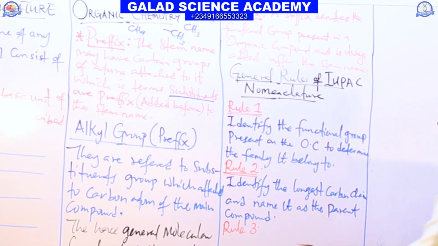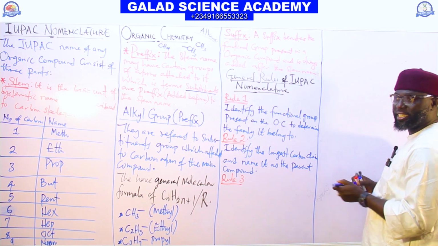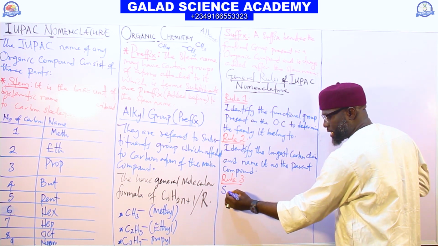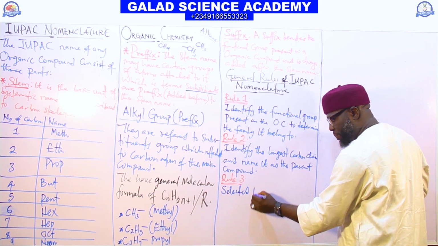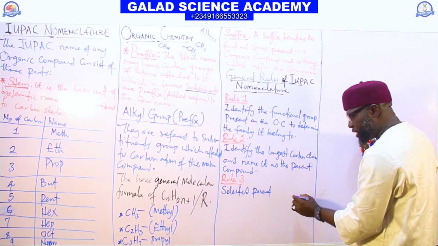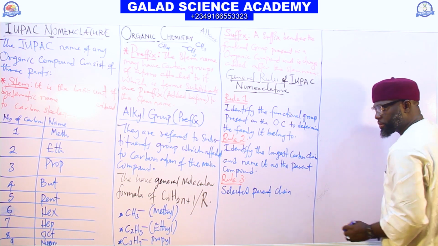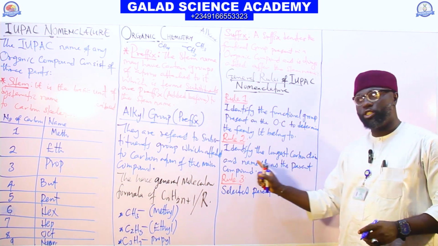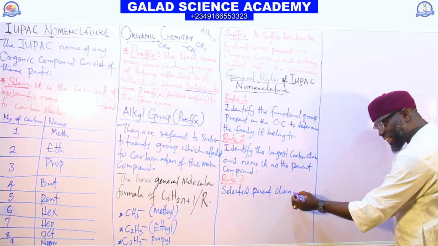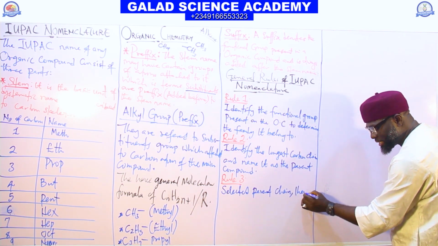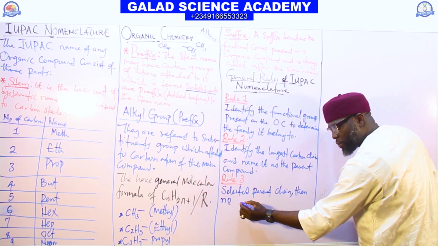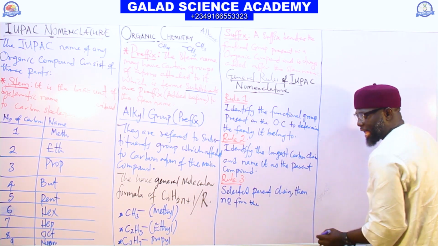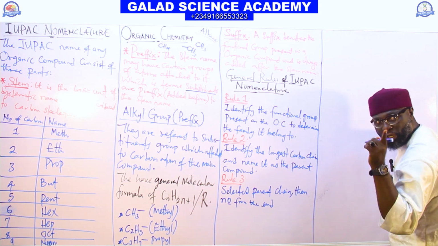Rule 3 says: select the parent chain. The parent chain is the longest carbon chain here. After selecting it, then number from the end, which end?